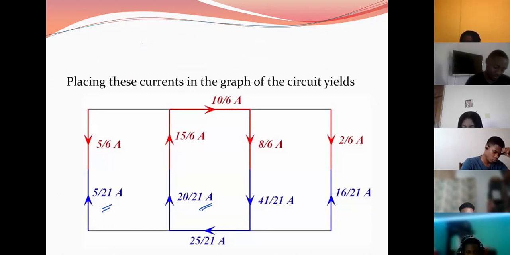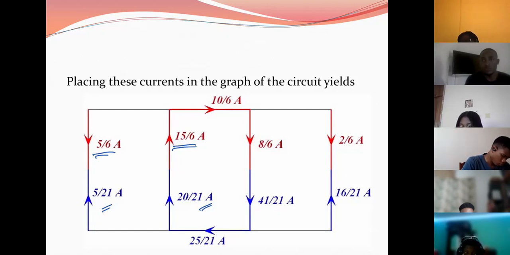If you go back to what we did before, the 35-volt source, we had IT, which was 2.5. And we also had the 5/6 going through the 24. So we are putting all of these on our graph.